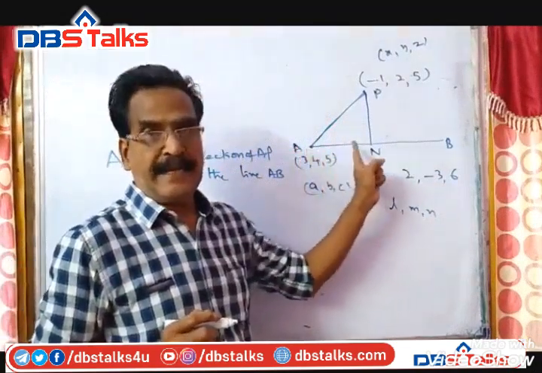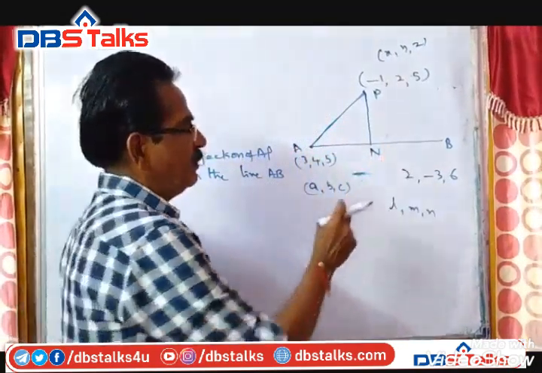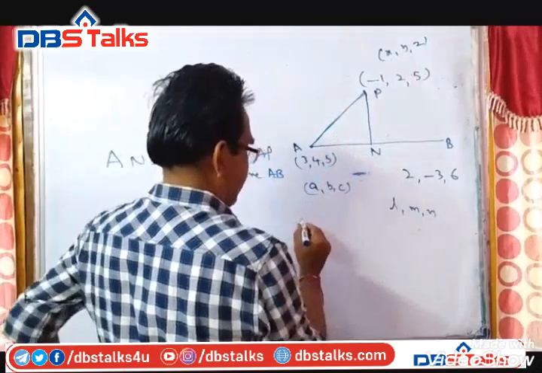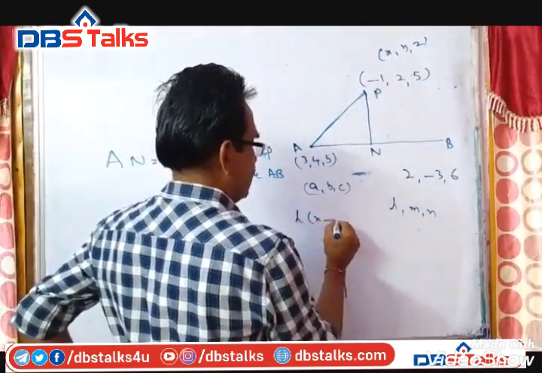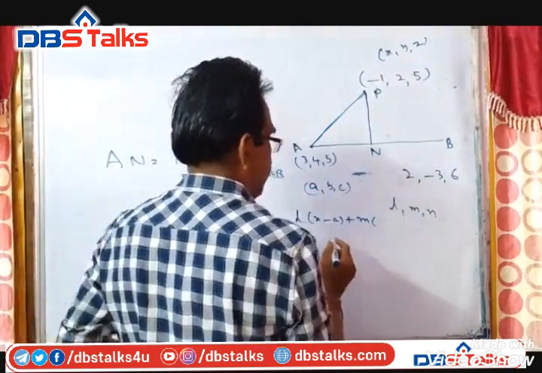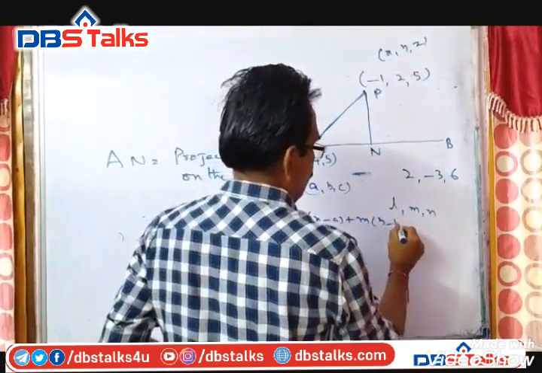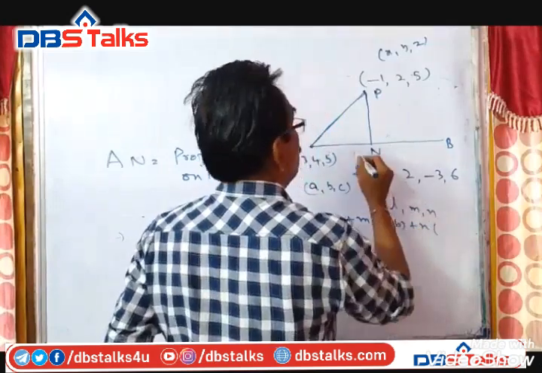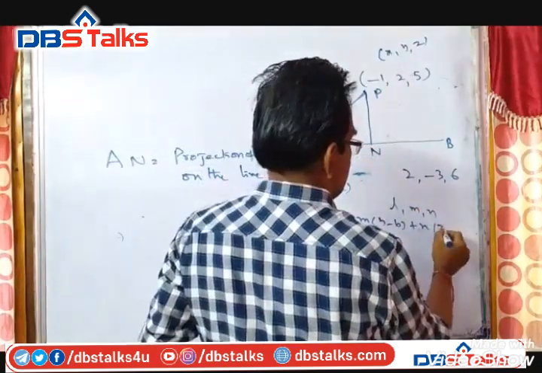Then AN is equal to l into (x minus a) plus m into (y minus b) plus n into (z minus c).